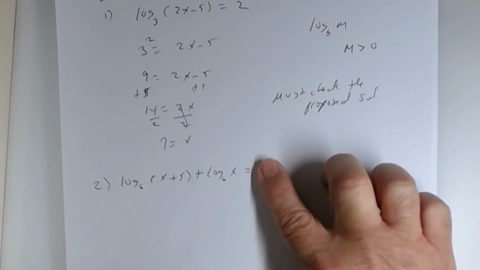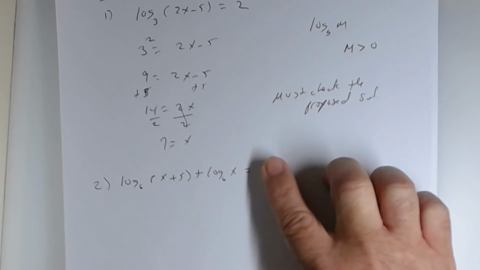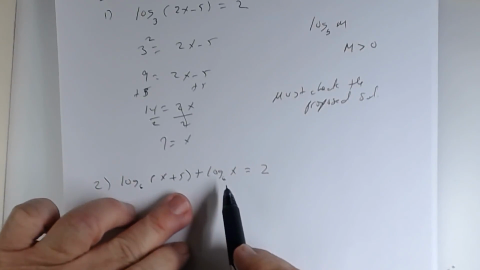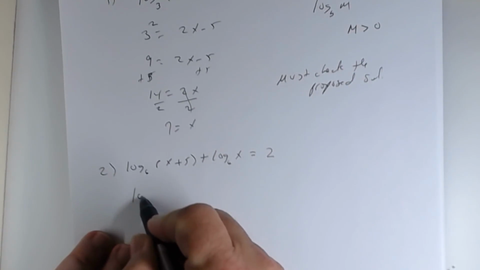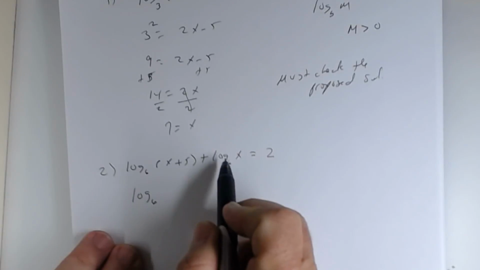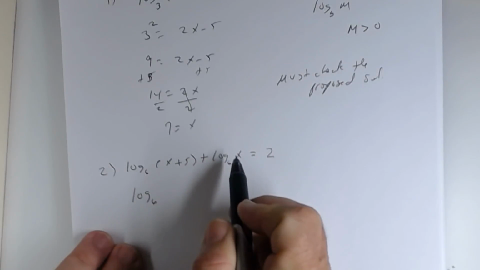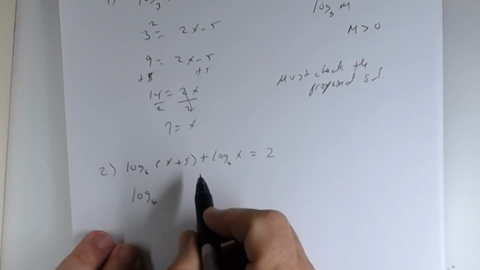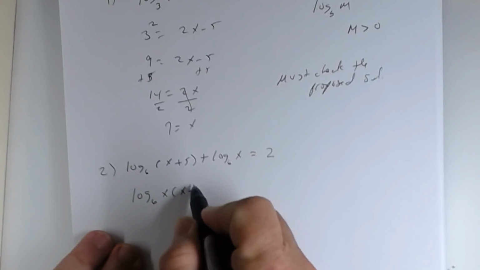Do you remember one of the worksheets? It says rewrite this by condensing. The bases are the same, so that means I can write this as one logarithm. And what do I do to those arguments? You add them? No, you multiply them. So it's going to be x times (x plus 5).